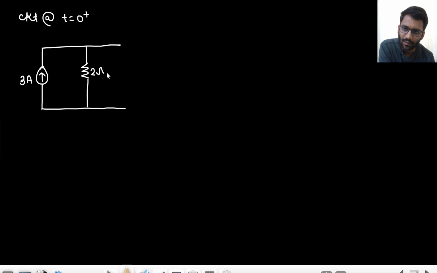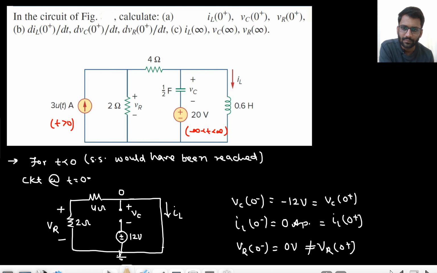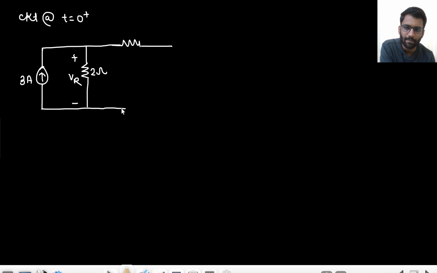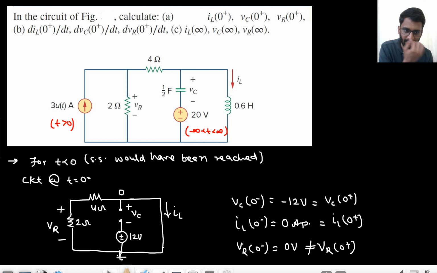Across 2 ohm we are having VR, and then here we have 4 ohm. We have a capacitor and then a battery and inductor.